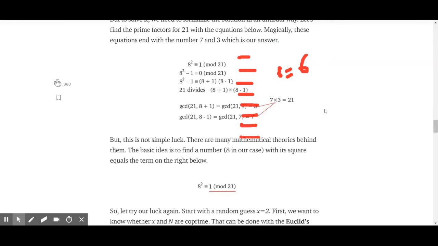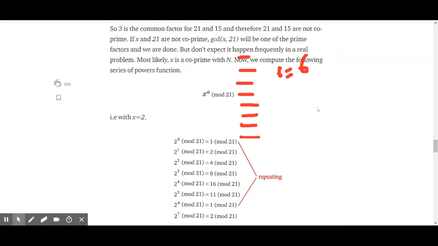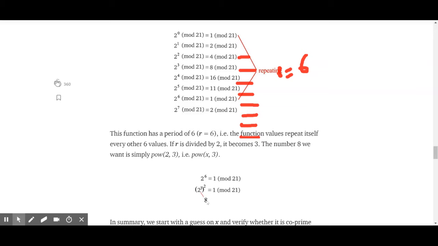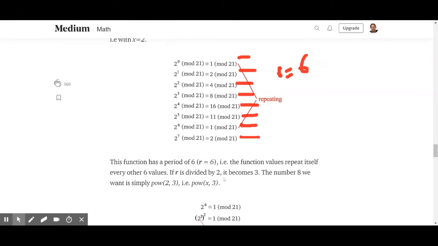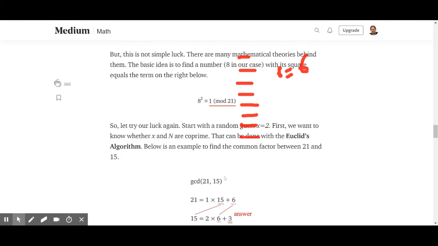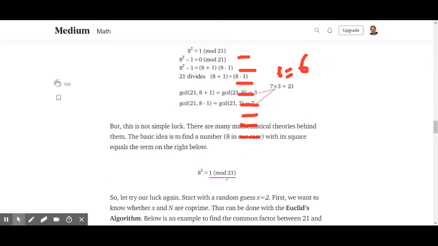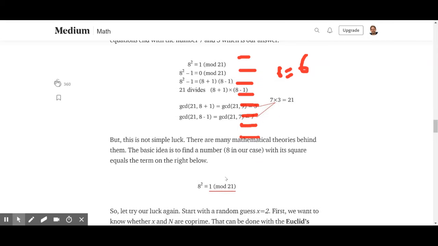As I said, it's about phrasing it in that form where the problem is reduced to just finding when this function repeats, because then you can find the number, which is this 8. Exactly, this is this 8.